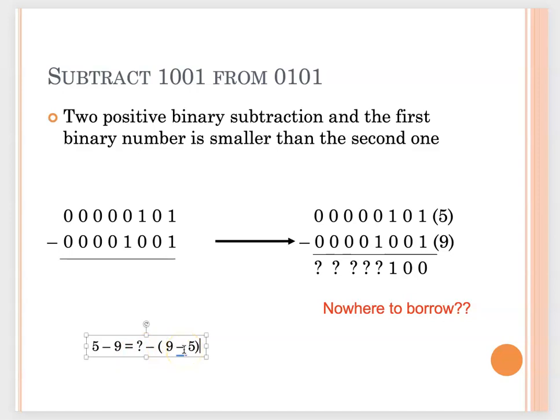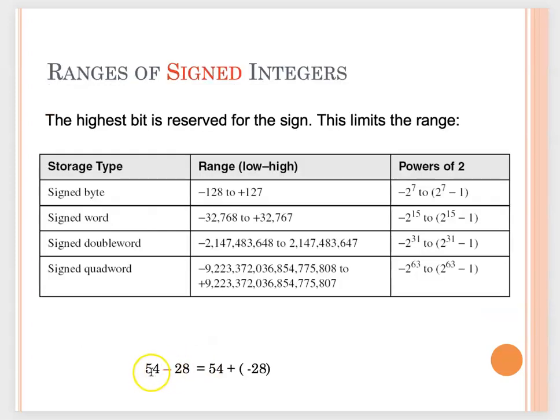So on the other hand, as I said earlier, in the binary system, when you do the subtraction, actually they don't do the subtraction. What they always do is turn the subtraction into addition, but make the number negative.